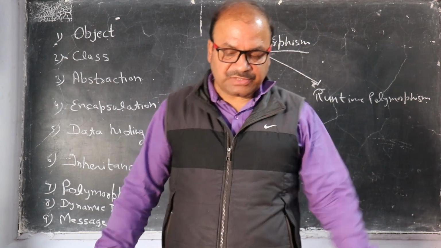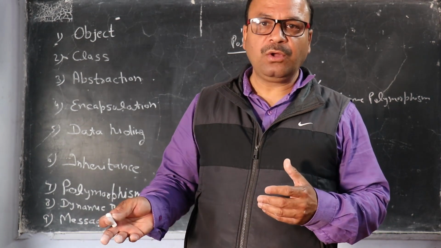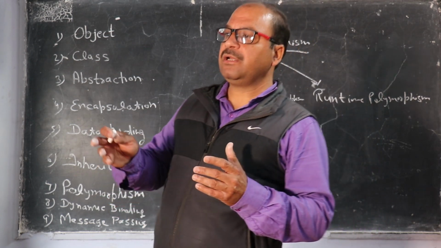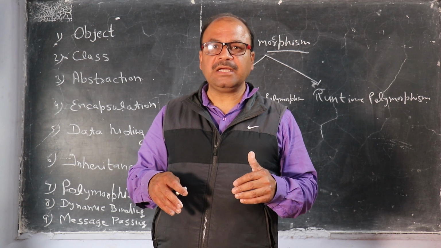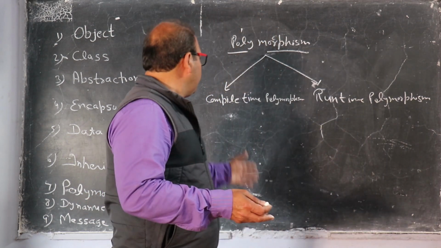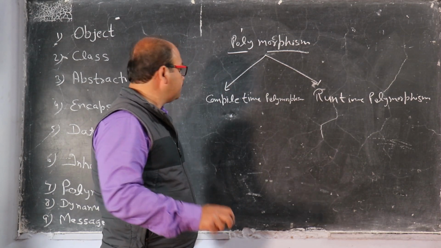Here the polymorphism is what? If any object or any function, which is declared in a base class or derived class, is behaving differently, we can say it is polymorphism.